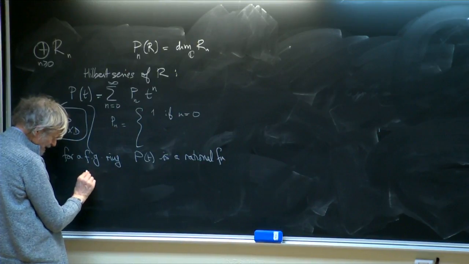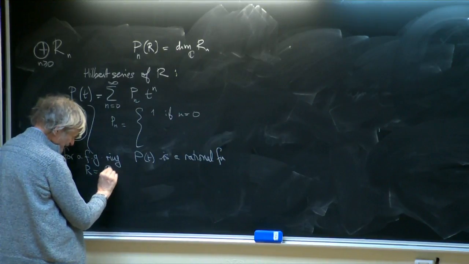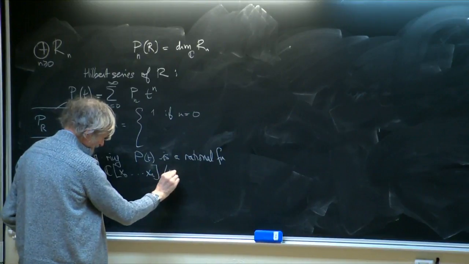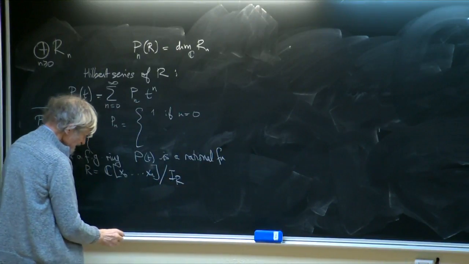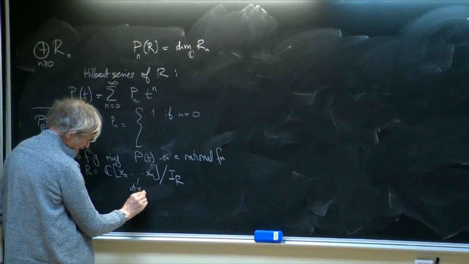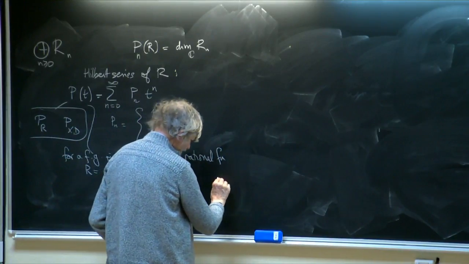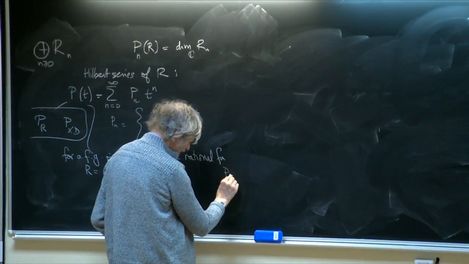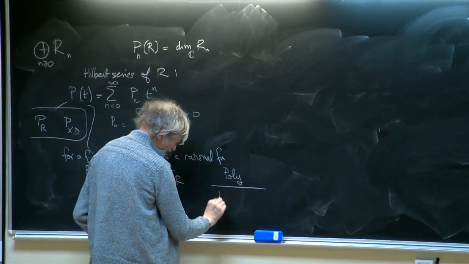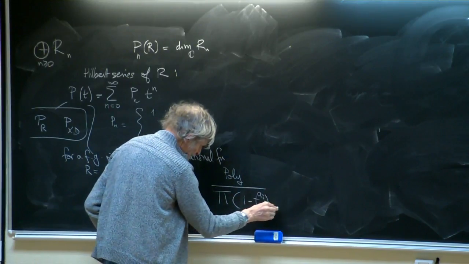Namely, if R is C of x naught times n, divided by some ideal, and these xi have degrees ai, then it's of the form a polynomial divided by the product of 1 minus t to the ai.